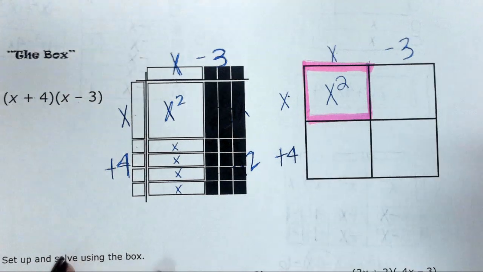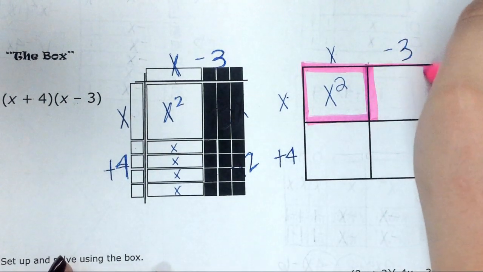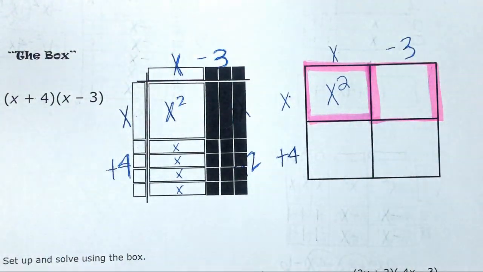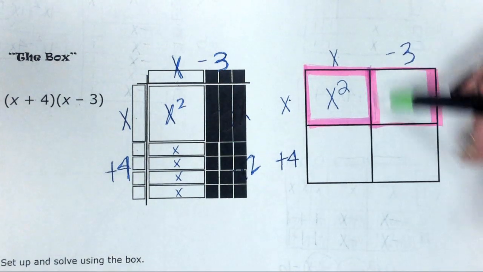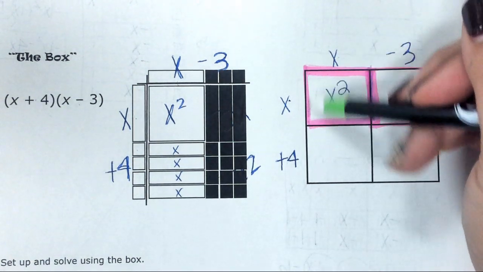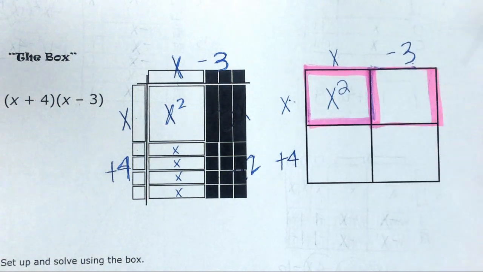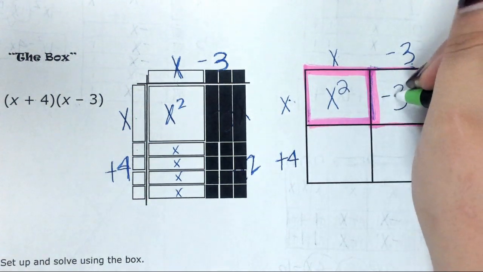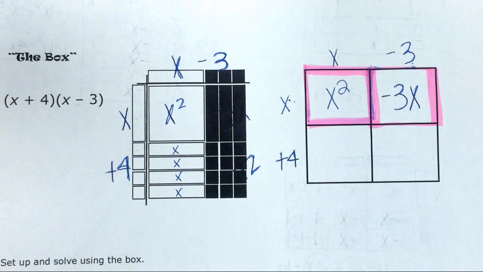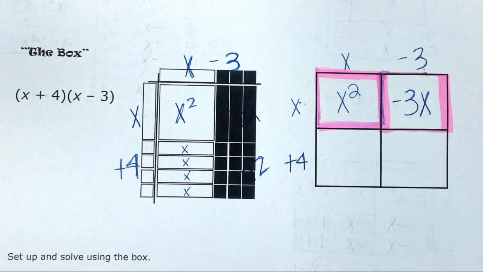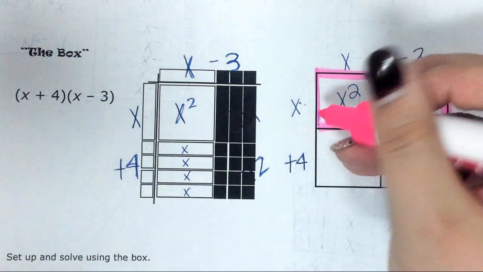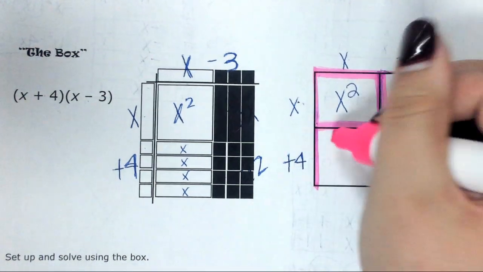Okay. Now I'm going to do this box. This is how tall? X times negative 3. What's x times negative 3? Negative 3x.